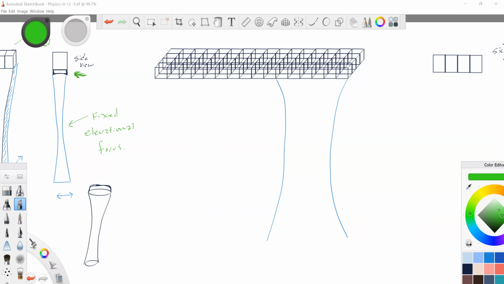So when we focus using multiple rows of elements, and it's not a 3D transducer, this is called a 1.5D. Now, I've never picked up a transducer and said, oh, that's the 1.5D.